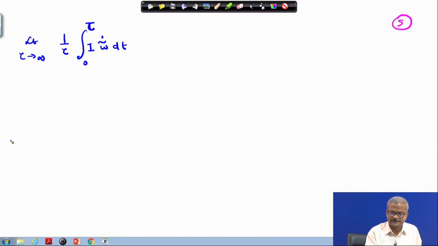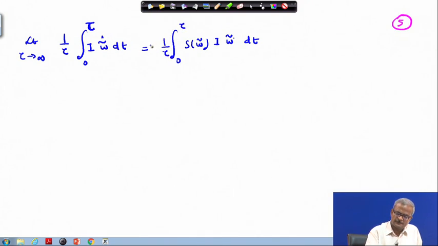This is the way of averaging, called the general averaging. On the right hand side, similarly you will have S omega tilde I times omega tilde dt from 0 to tau, 1 by tau, and limit tau tends to infinity.